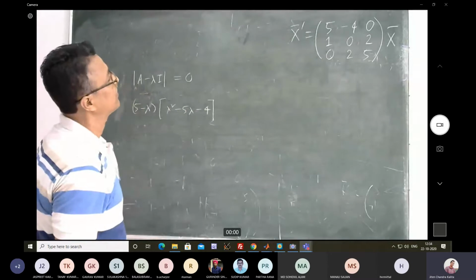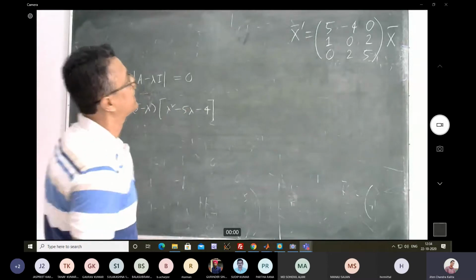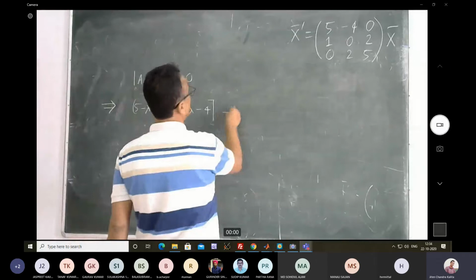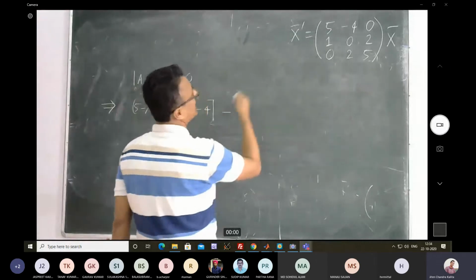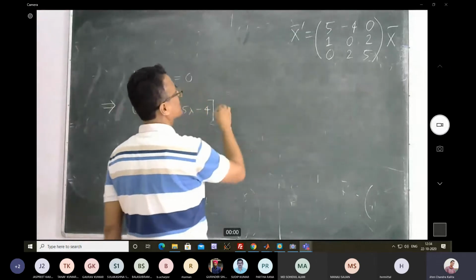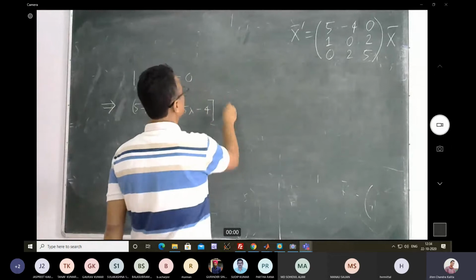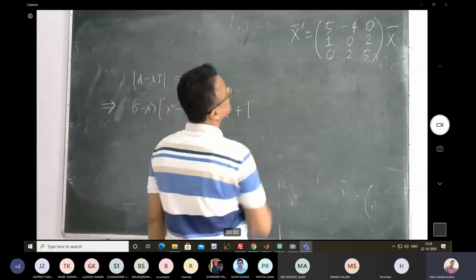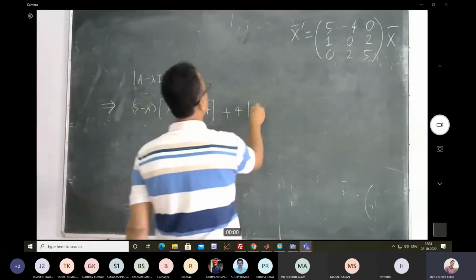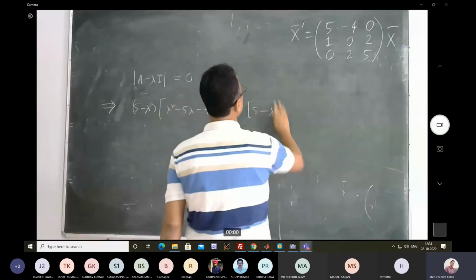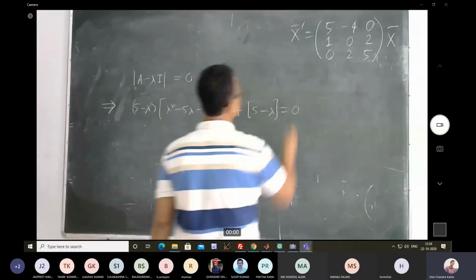Then plus 4, minus anything you can use. Let me use plus 4. So then this is simply 5 minus lambda. It is even better for me. Is it okay with everybody?